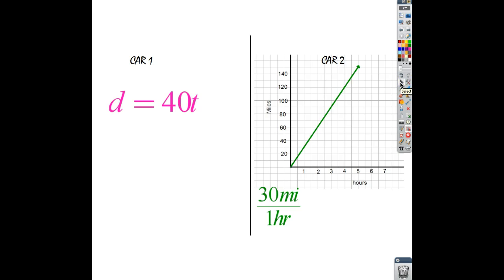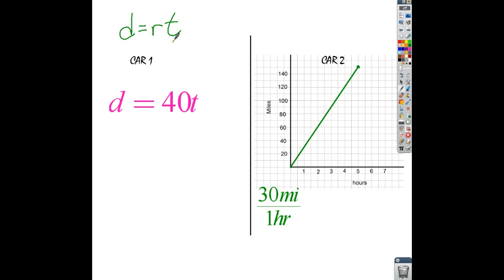Well, now this one, let's talk about the same thing. Over here what I've got is an equation, d equals 40t. This is distance is equal to rate times time. So distance, whatever unit we're going to use, and then time.